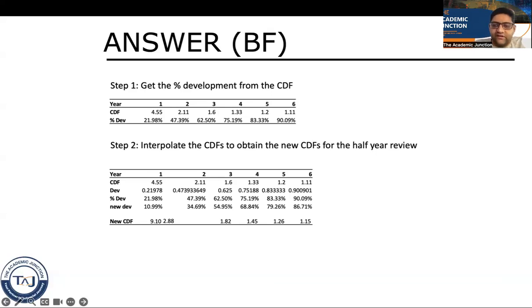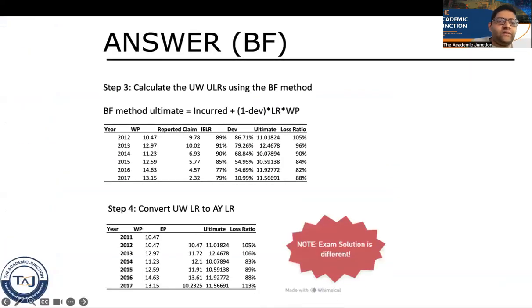And then you use this to calculate the ultimate and the underwriting year loss ratios, which, as far as this goes, matches the exam schedule. Now the challenge. Won't we need earned premiums? On an underwriting year basis, written premium is equal to earned premium.